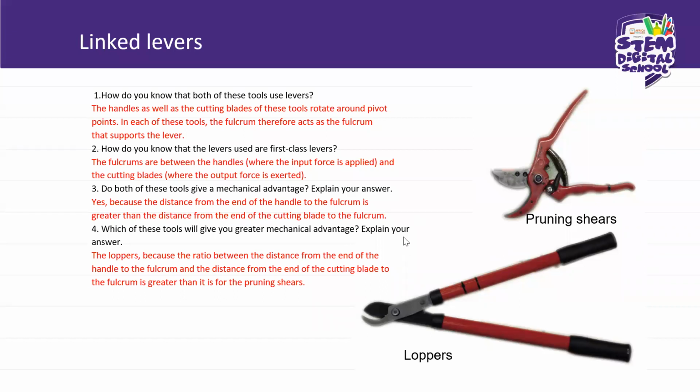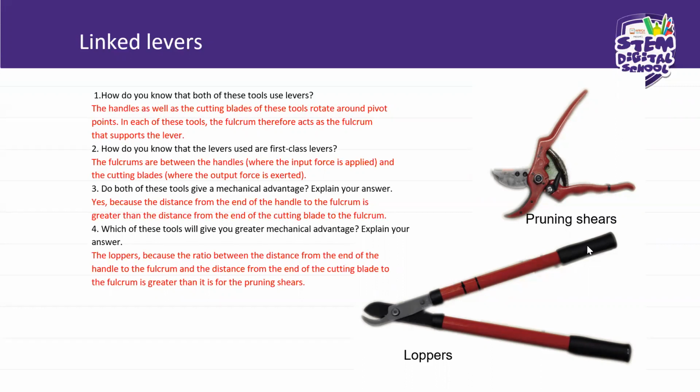in lever systems, we have mechanical advantage and distance advantage. Now let us look at mechanical advantage of these tools. We have mechanical advantage on these tools because this is the input, this is the fulcrum. When you look at the input distance, you look at it in relation to the fulcrum.